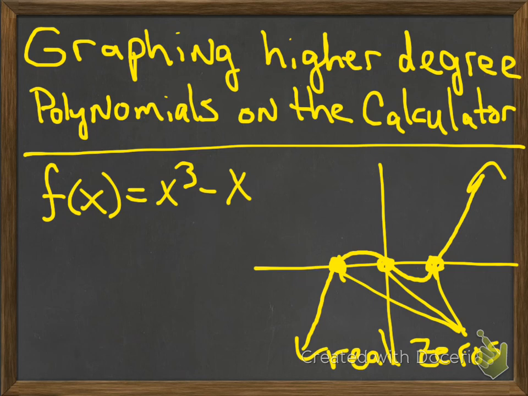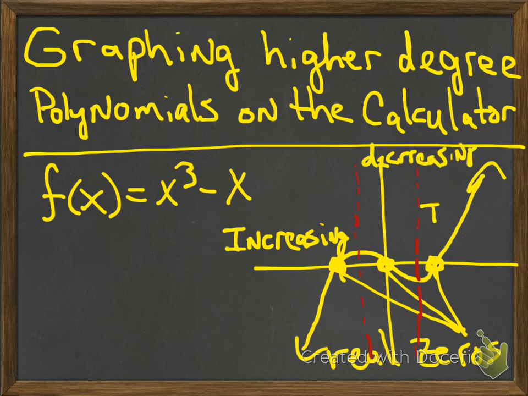The x is what will kind of help cause that little curve. Now, I can divide this into different sections, and those different sections have a different pattern. Like in this first section to the left, the graph is increasing. It's going up because I'm reading from left to right. In the middle section, it turned and started going down, decreasing.